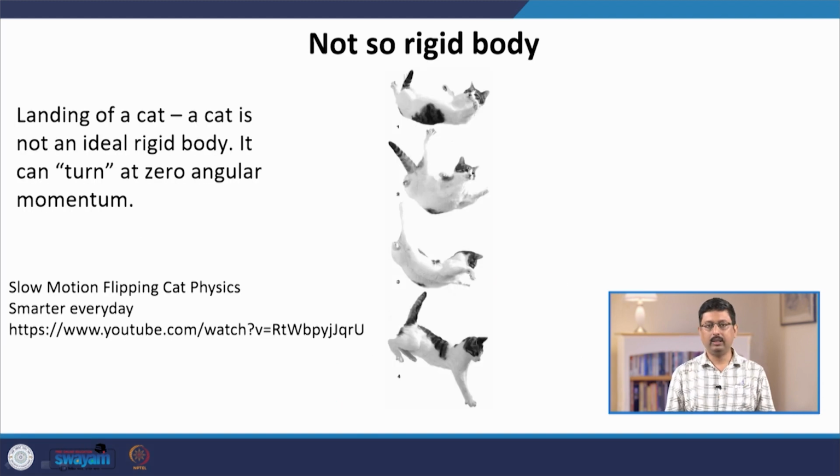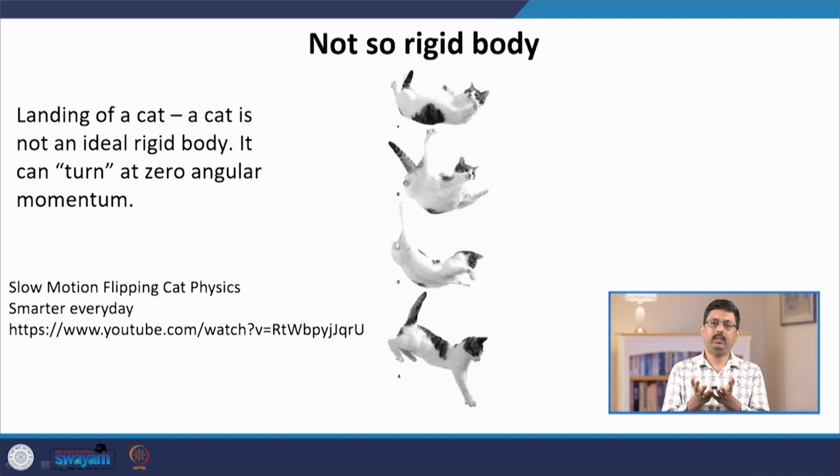However, before that, I want to put as a side remark some example of motion that we are not going to consider in this course, because in this course we are assuming that our extended object is a rigid body. But in real life we often see objects that are extended, but not so rigid. Here is a very famous example of a falling cat.